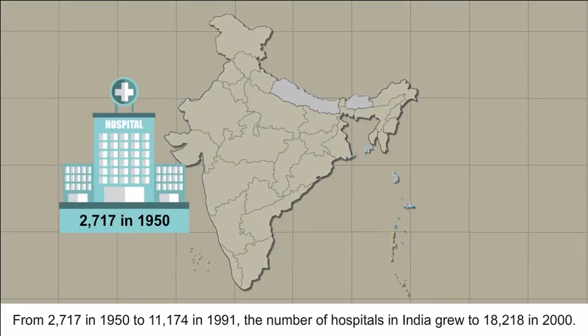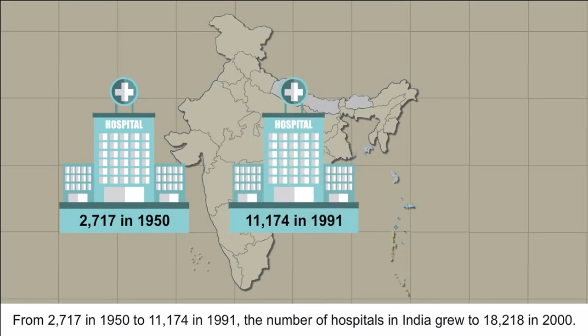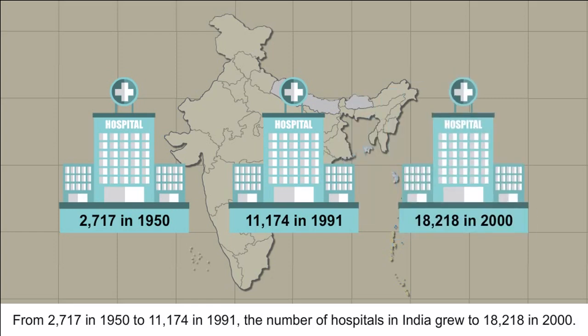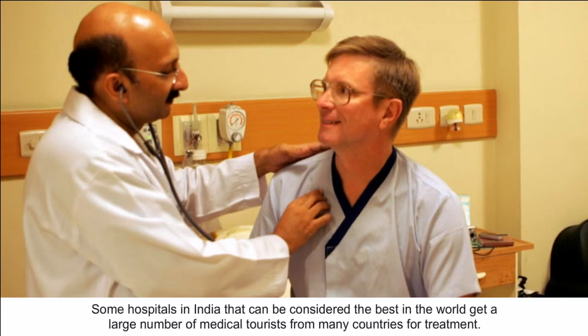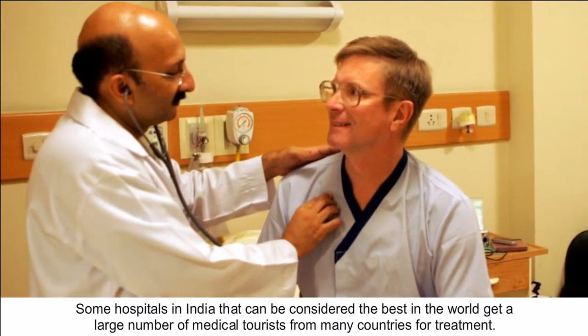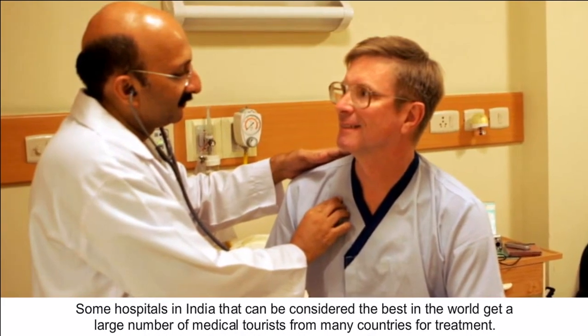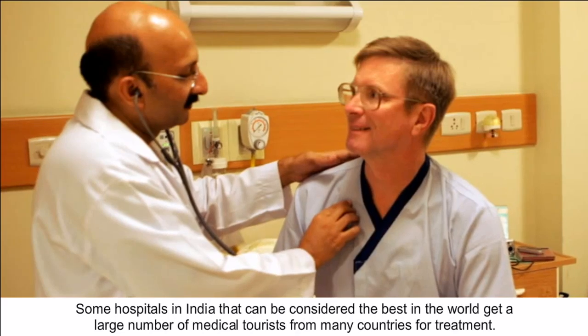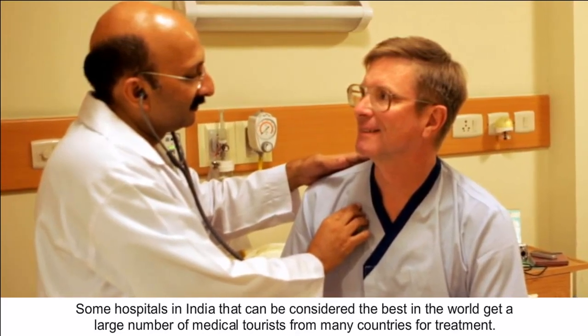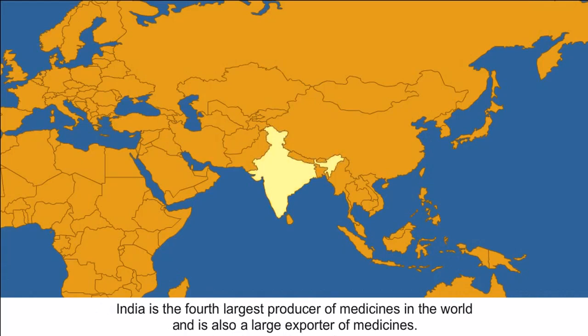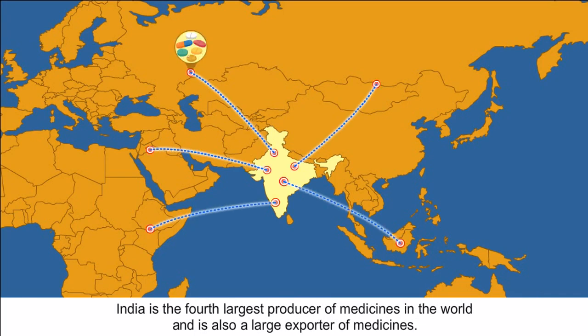From 2,717 in 1950 to 11,174 in 1991, the number of hospitals in India grew to 18,218 in 2000. Some hospitals in India that can be considered the best in the world get a large number of medical tourists from many countries for treatment. India is the fourth largest producer of medicines in the world and is also a large exporter of medicines.